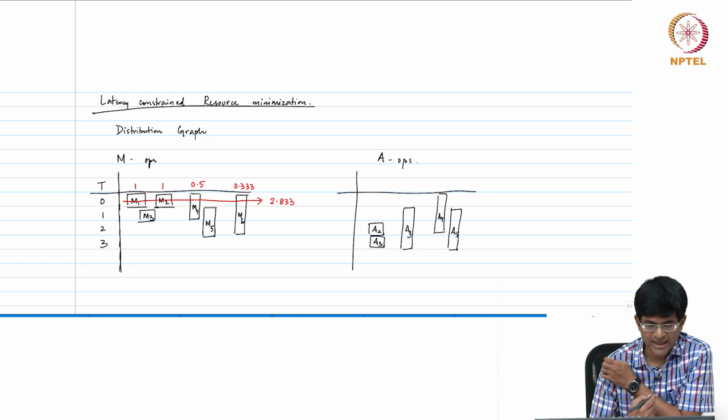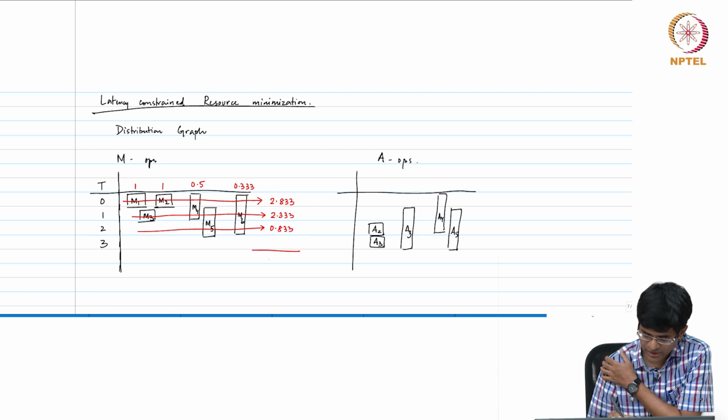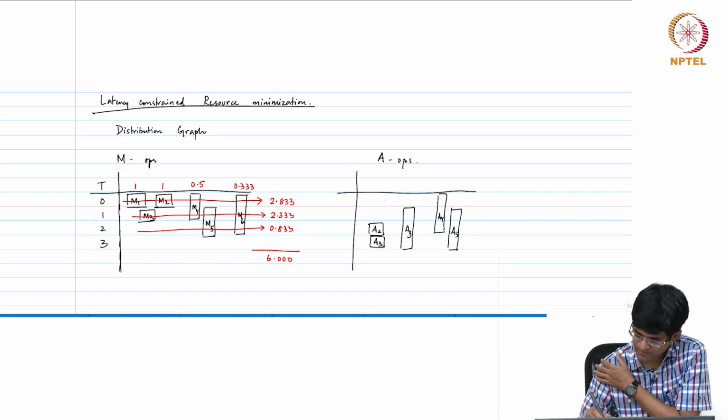Intuitively, what this is saying is M1 has to contribute a full multiplication in cycle number 0, it cannot be moved from there. Similarly, M2, whereas M4 had a choice, it could either be in cycle 0 or cycle 1. So, I will spread it out evenly to start with. Similarly, next stage I get 2.33 and here I get 0.83. Add everything together and I get 6, which is the total number of multiplications.